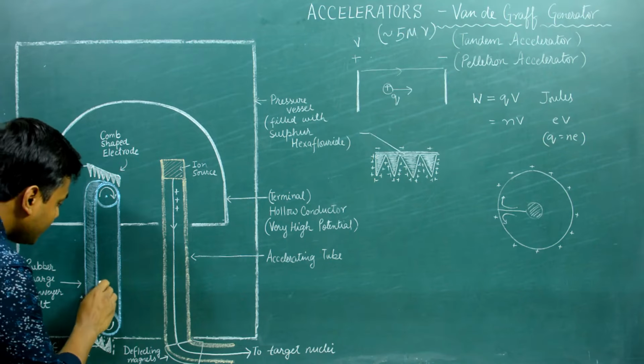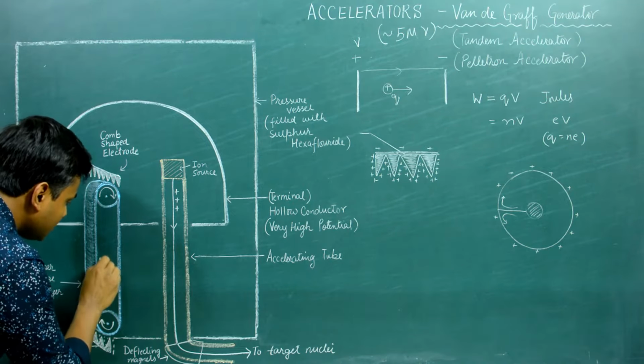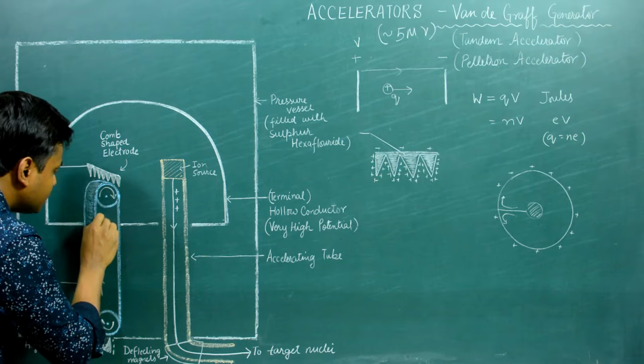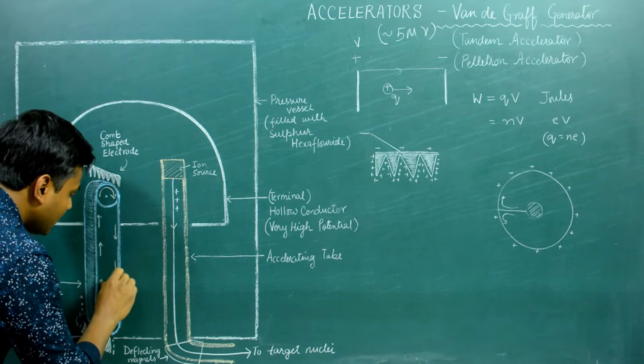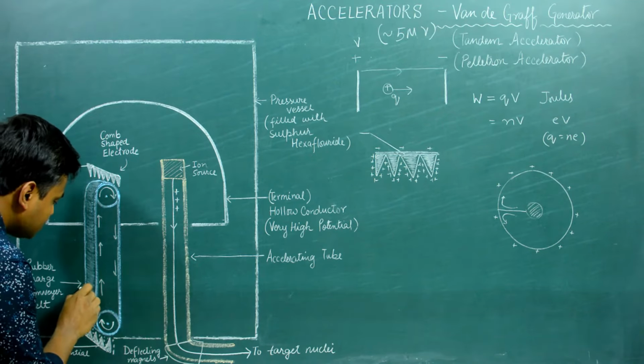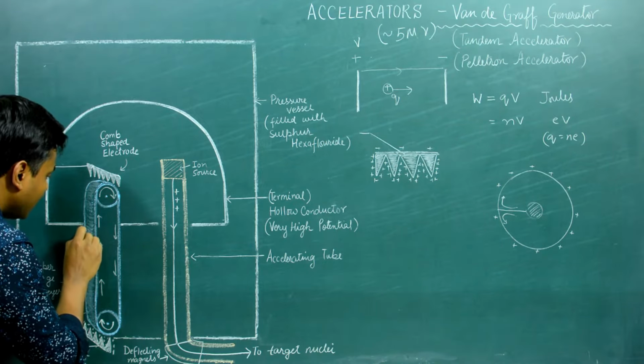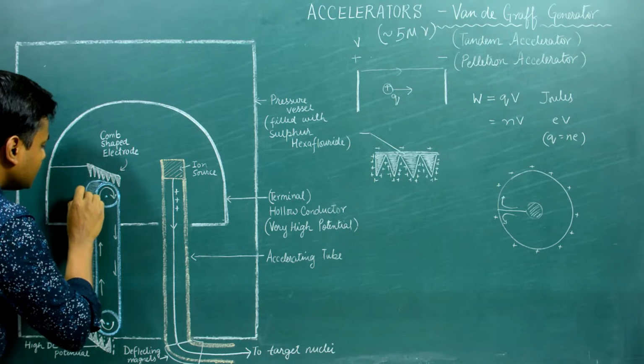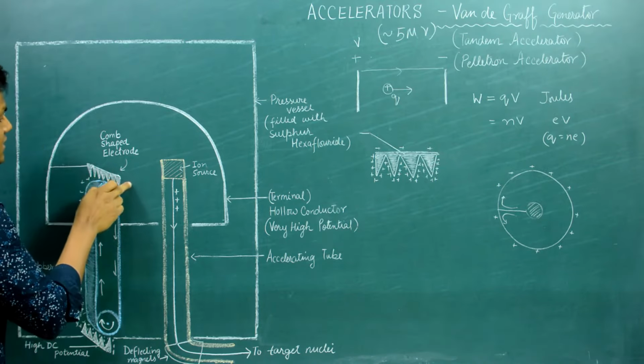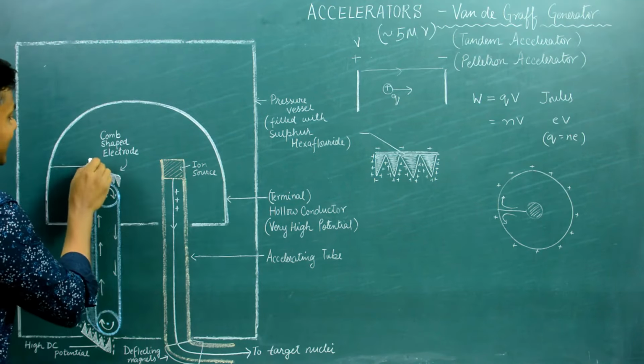Now the conveyor belt in itself is moving. Yes, the conveyor belt is moving in this particular direction. So the moment the conveyor belt becomes charged, these charges now move upwards. As these charges keep on moving upwards, finally they come in contact with this hollow metallic conductor here.